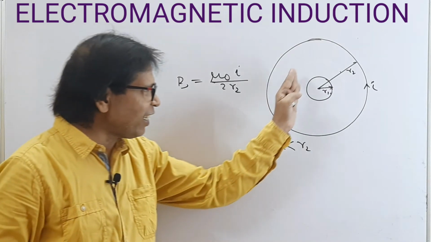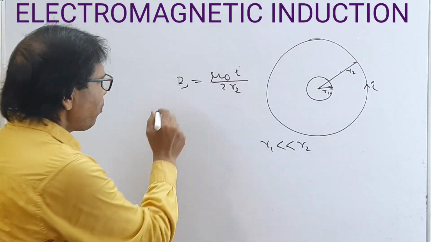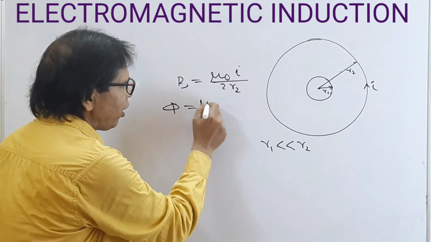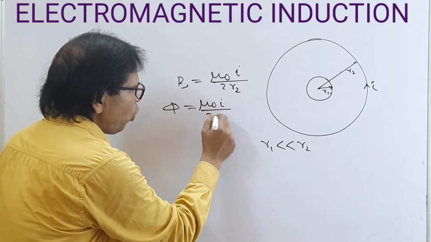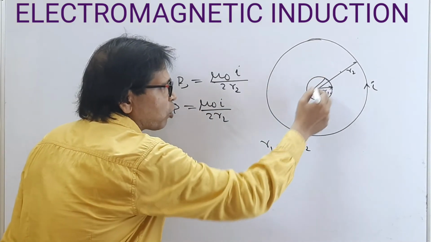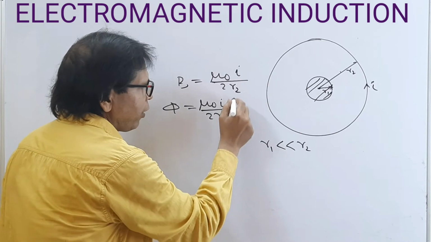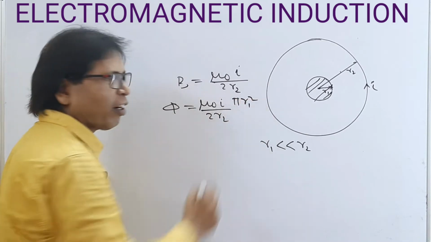So the flux in the inner coil, phi, equals mu naught I by 2 R2 into the area of this coil. What is the area of this coil? This is pi R1 square.